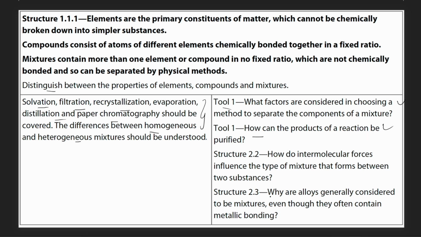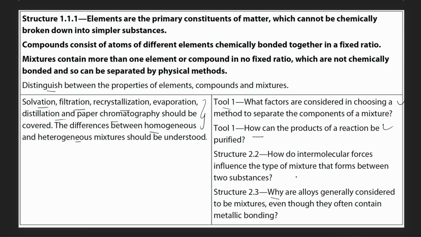Okay? And next, why are alloys generally considered to be mixtures even though they often contain metallic bonding? It is still a mixture. It's a mixture of different elements. For example, you mix aluminum, iron, and other metals to get the desired properties that you want, like, for example, making machinery or a frying pan that is made of stainless steel.